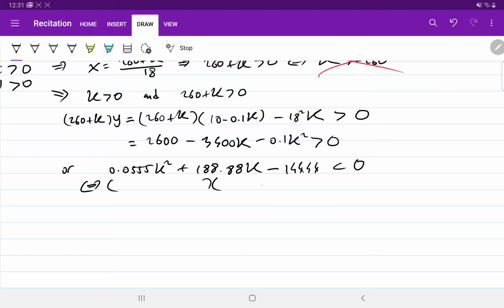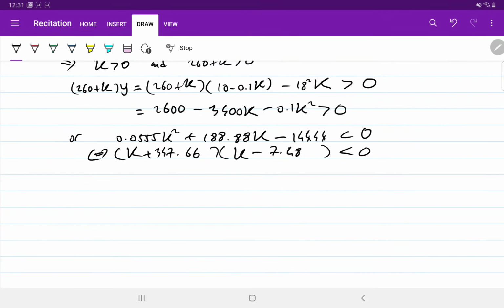This can be factorized into k plus 347.66 times k minus 7.48. This will be negative.